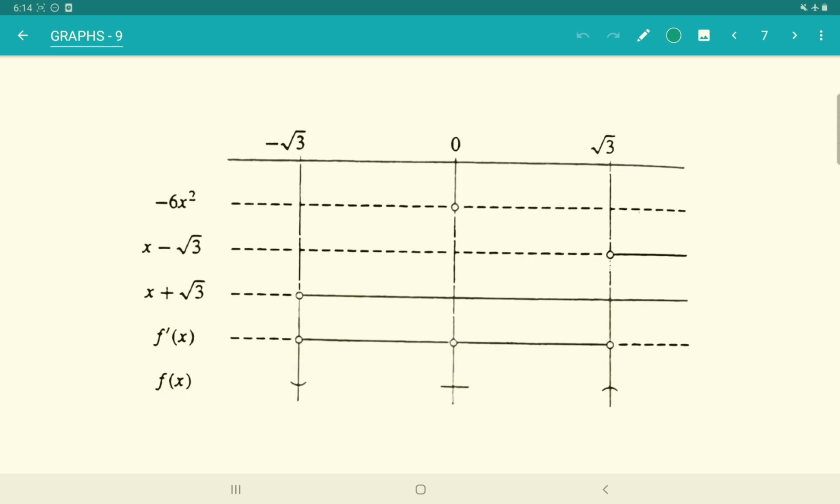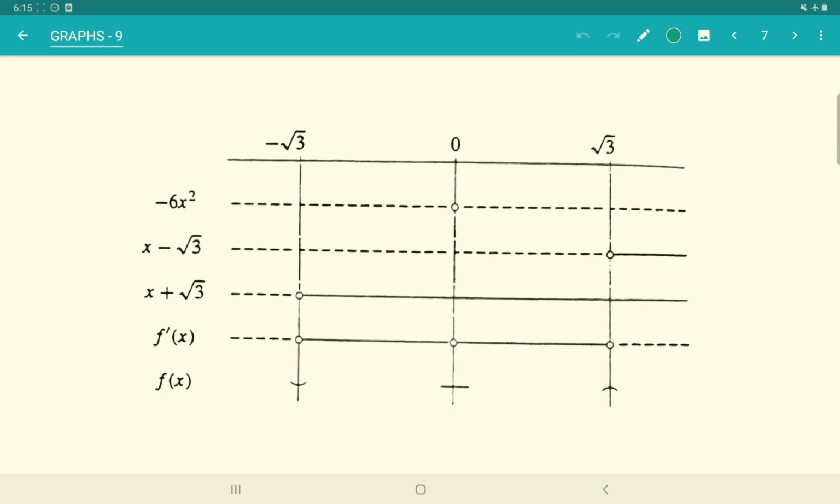For that, if I take a look at minus 6x squared, I hope everyone is clear about this fact, that this expression is equal to 0 when x is equal to 0. And this expression, come what may, whatever x is, either positive or negative, let's not get into x being 0.